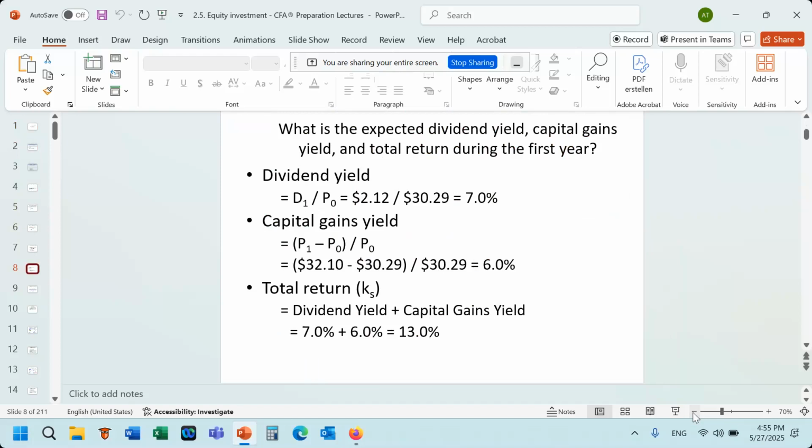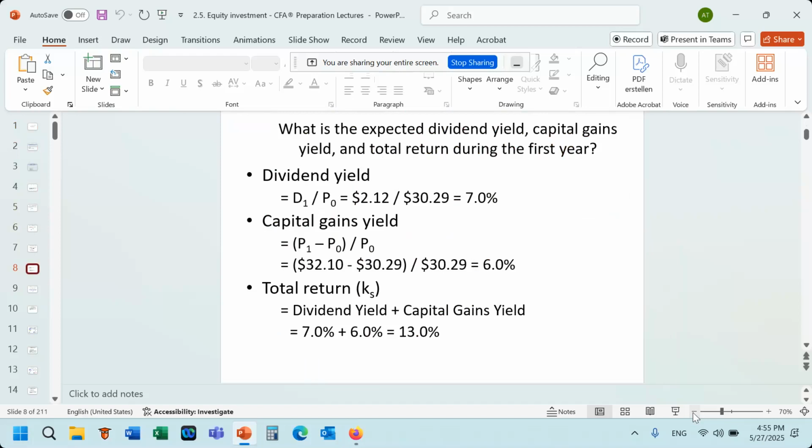That means this stock pays us 7% of our money as dividends, and it also pays us capital gains because the stock grows. We know this capital gain is going to be 6% because, as I said before in that joke, everything grows by 6%, and this stock grows by 6% in price.